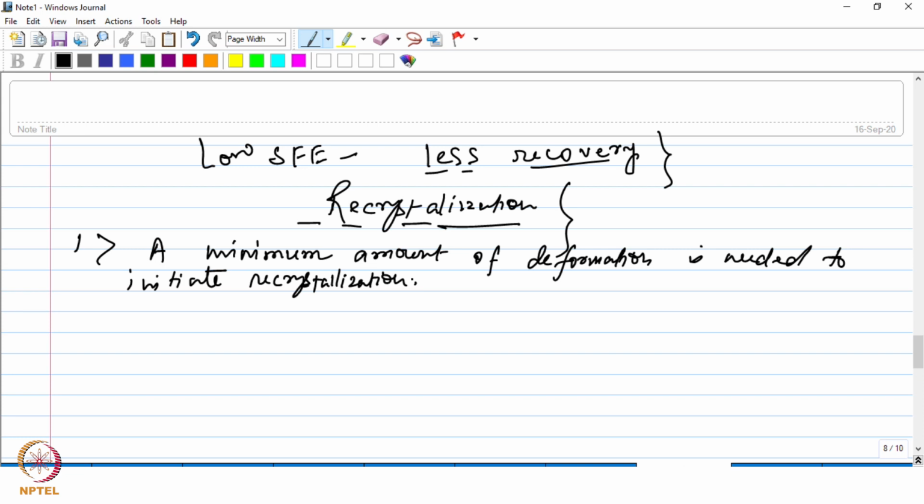If the degree of deformation is below this critical level, then no matter at what temperature you heat the material, recrystallization is not going to happen.